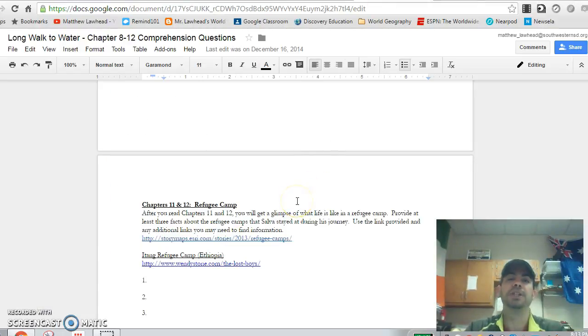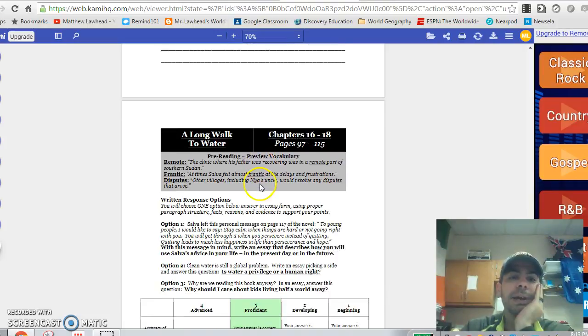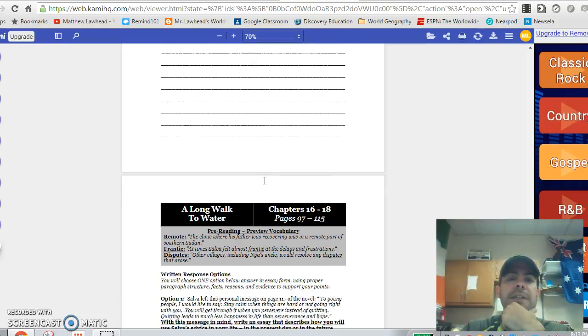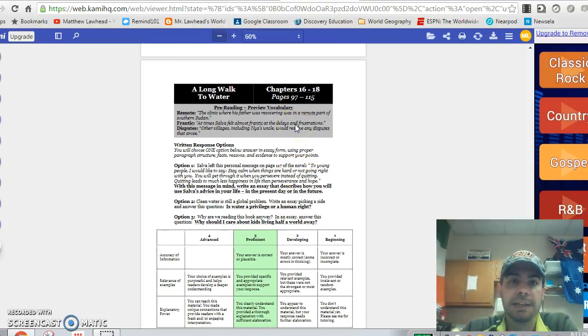If you get finished with that packet work there, please take a look at the last page in your packet. Remember, we are not doing the illusion activity that's here on chapters 13 to 15, but you do need to take a look at this page right here in your packet.